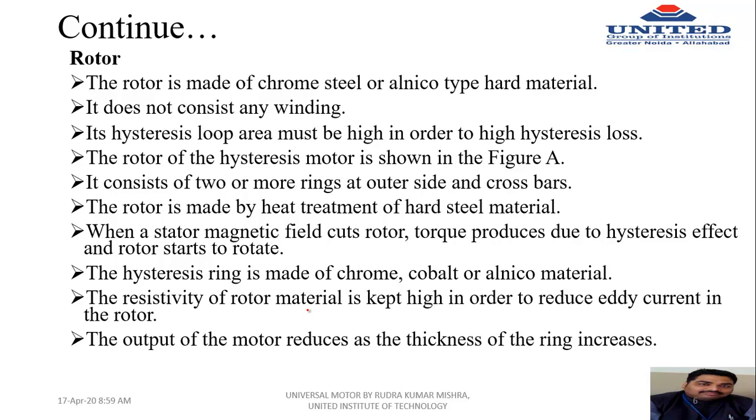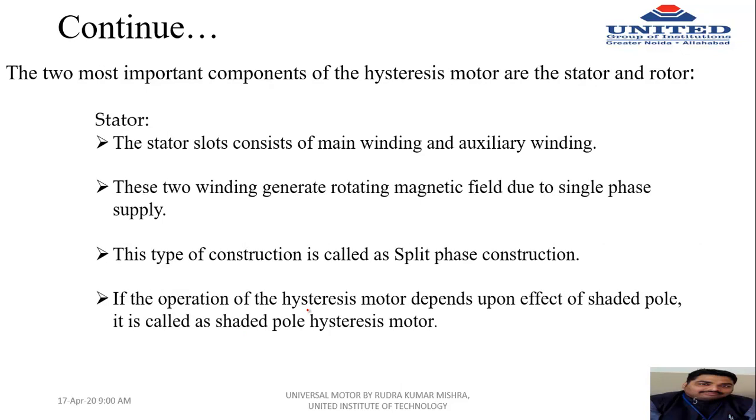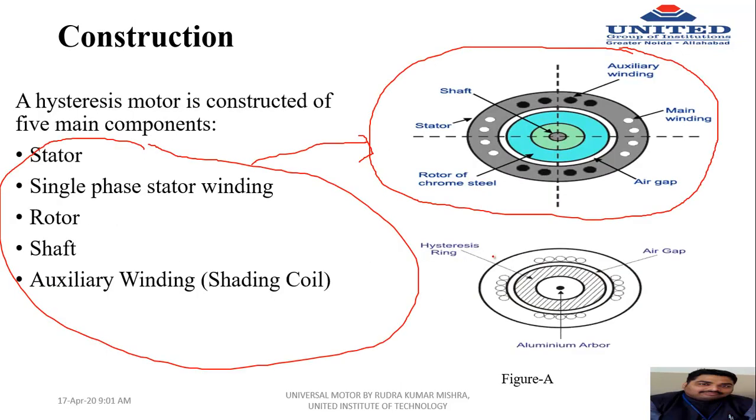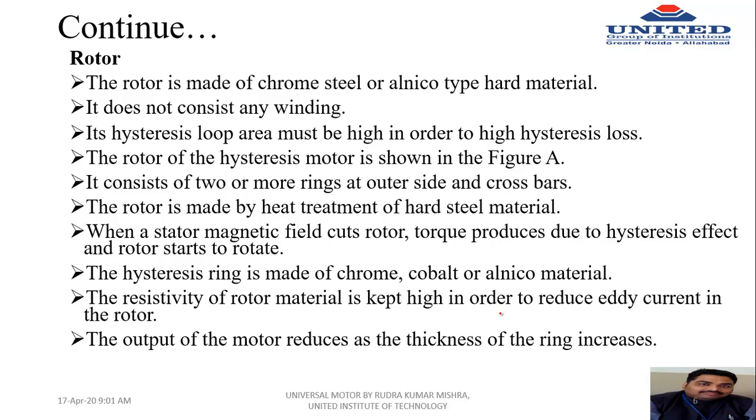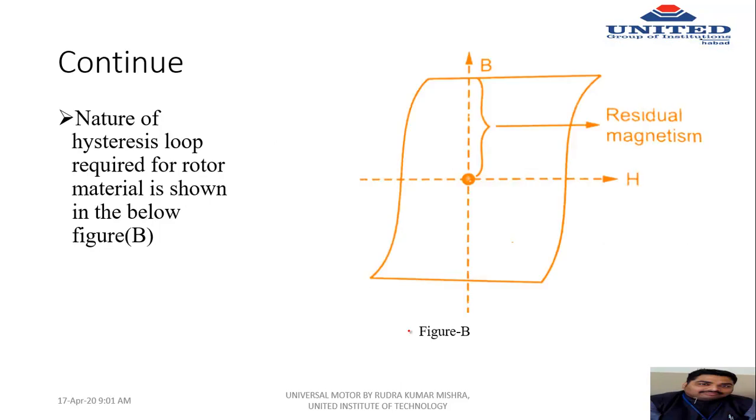The output of the motor reduces as thickness of ring increases. Here is the hysteresis ring and air gap. Nature of hysteresis loop required for rotor material is shown in figure B.